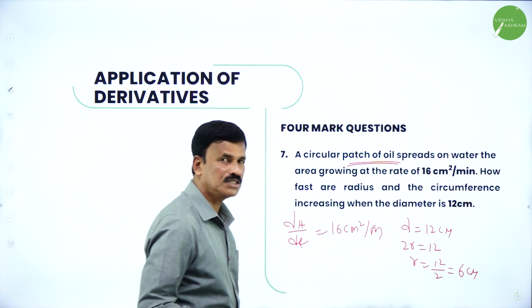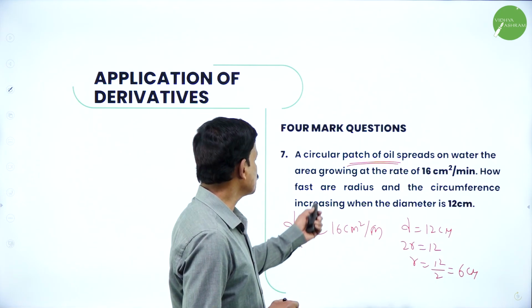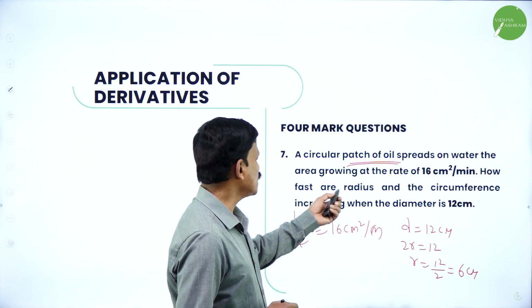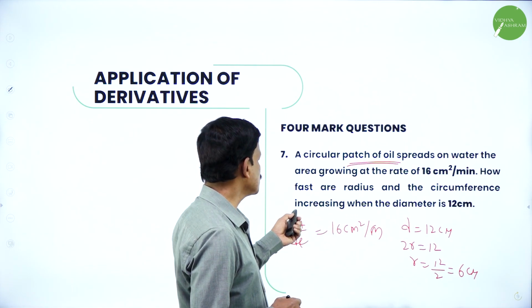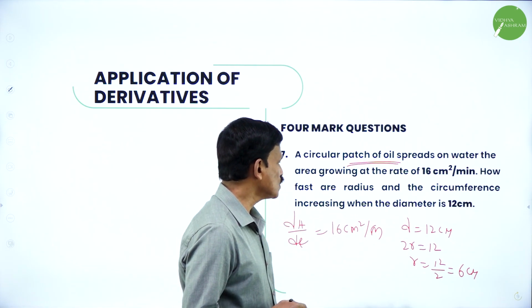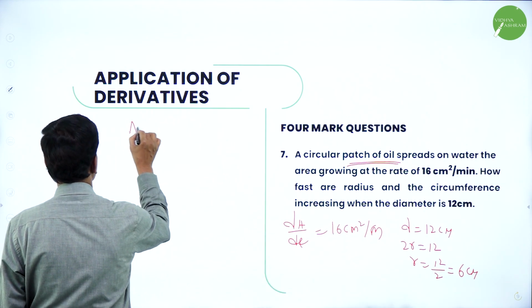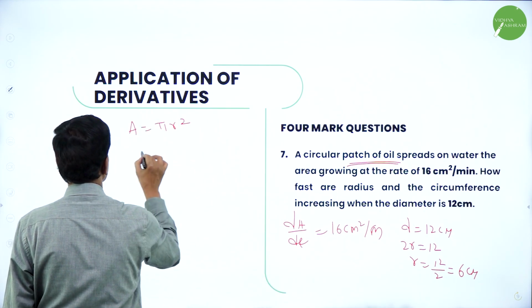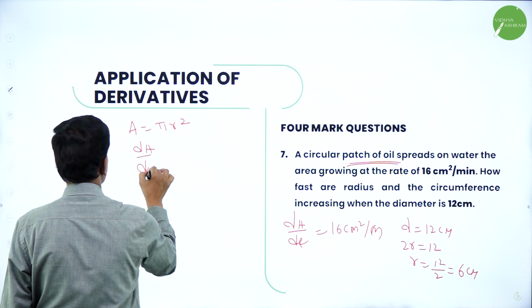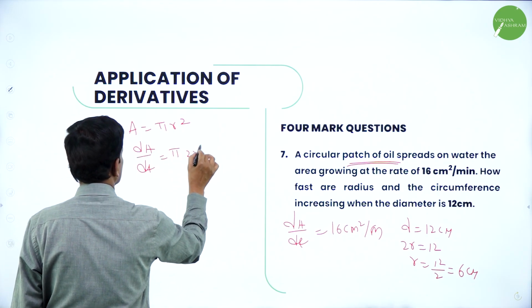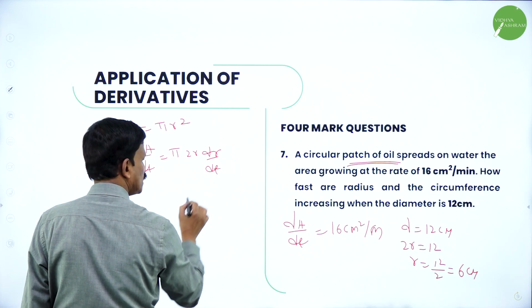These are the given conditions. Now, what is to find? How fast the radius and the circumference increase when the diameter is 12 centimeters. We know the formula for area of a circle, pi r square. Differentiate this, dA by dt is equal to pi into 2r into dr by dt.